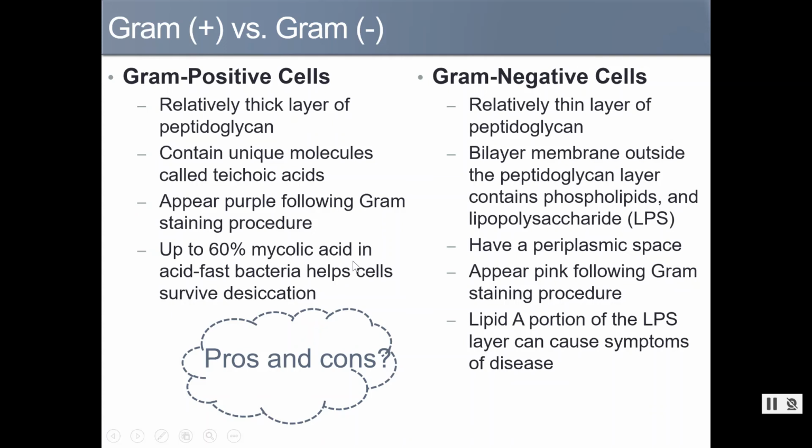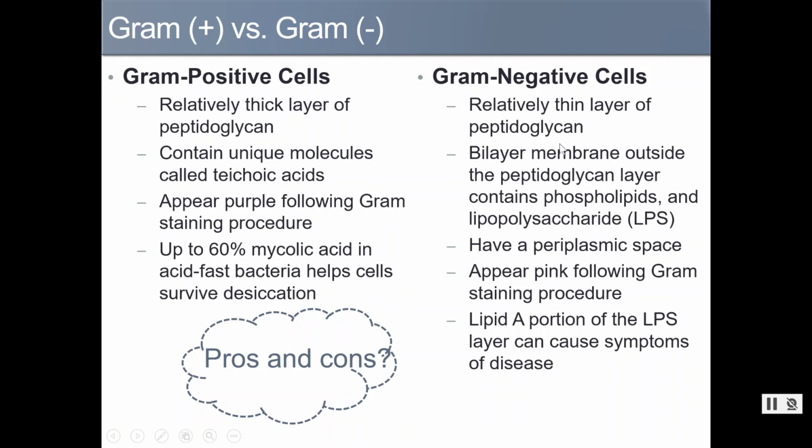Mycolic acids interfere with the gram stain procedure. It is a gram-positive cell, but we can't stain it using a gram stain, and we actually have to use an acid-fast stain to be able to see these. Tuberculosis, Mycobacterium tuberculosis, the Mycobacterium is part of this mycolic acid. Part of the reason they're so well protected and so slow growing is because of all this mycolic acid. So that's a gram-positive cell.